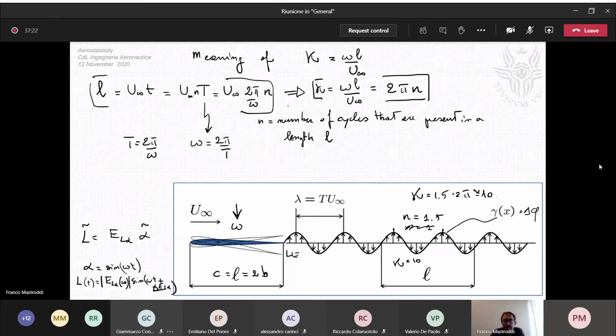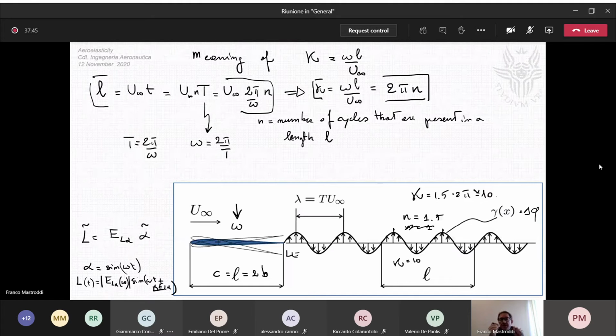In fact, you have a numerator and denominator with omega and u infinite as characters of your reduced frequency, and you are considering the ratio between these two leading phenomena for characterizing K.